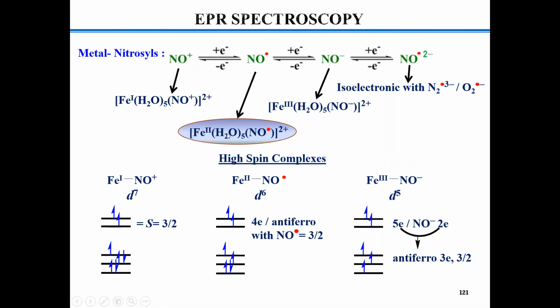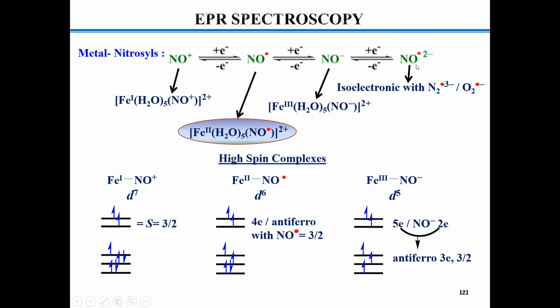If you look at this molecule, here are 5 water molecules, which are just filling up the coordination number. So not at all redox active. So there is no second configuration of water. Now NO can have 3 configurations that you could imagine, right?